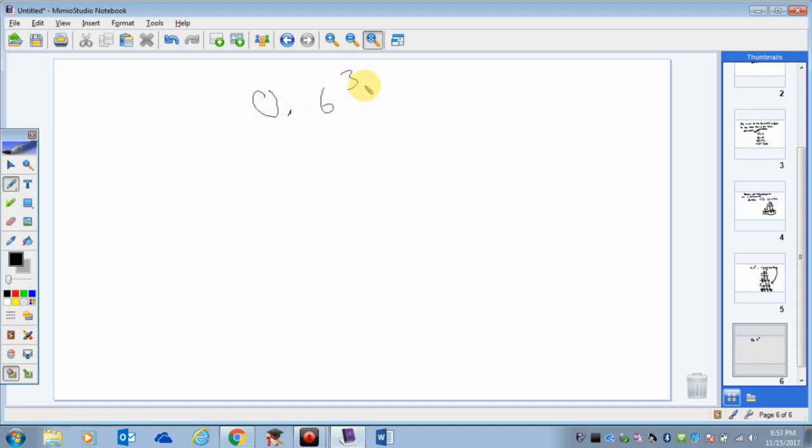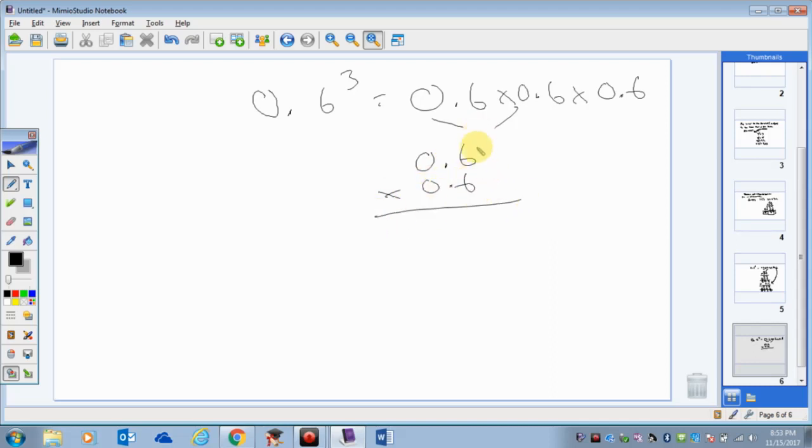So we'll just go with 0.6 to the third power. So that means 0.6 times 0.6 times 0.6. Alright, so I take 0.6 times 0.6, and that's going to be 6, carry my 3, 6 times 0 is 0, so bring my 3 down here.